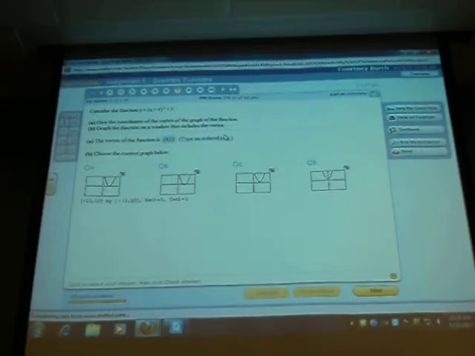But the trick here is that once you know the vertex, only one of these graphs is going to have the vertex in the right place. So I'm looking for x is 4, y is 1. So 4, 1 should be my vertex. A is 4, 0.